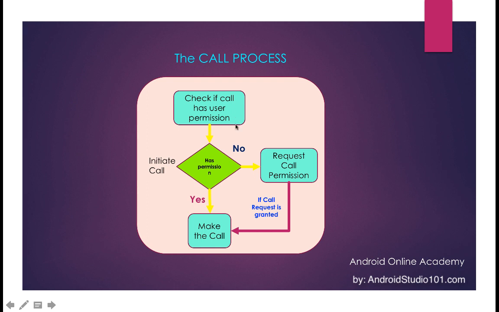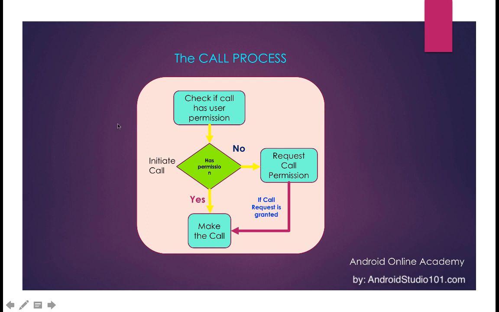Your app should check for user permission, and there is a decision in the middle: has permission, either yes or no. If there is already a permission, for example the app had already requested permission before and permission was granted, your app would call immediately the make the call process.